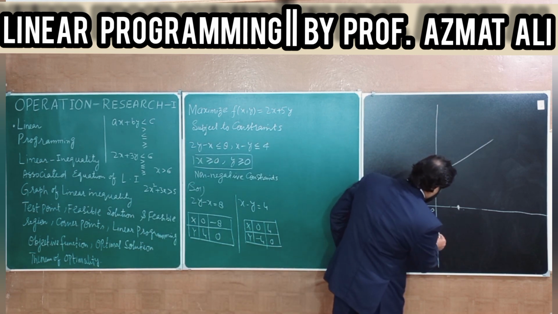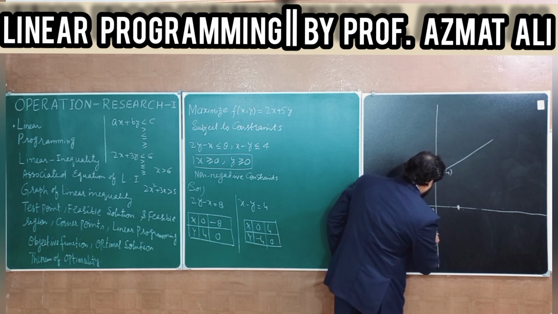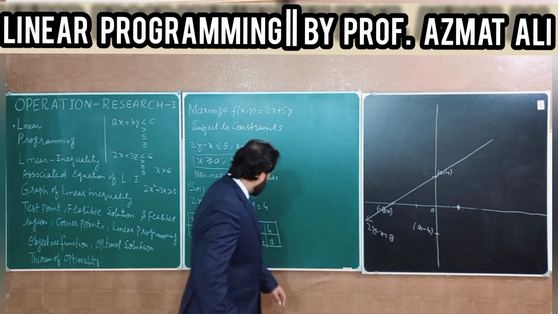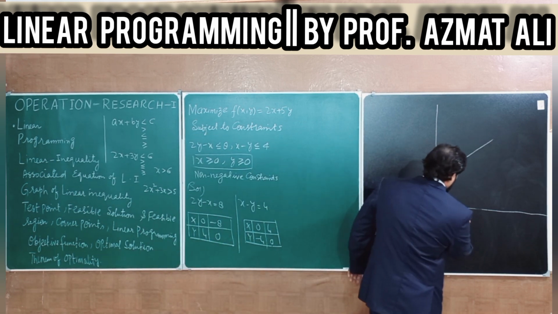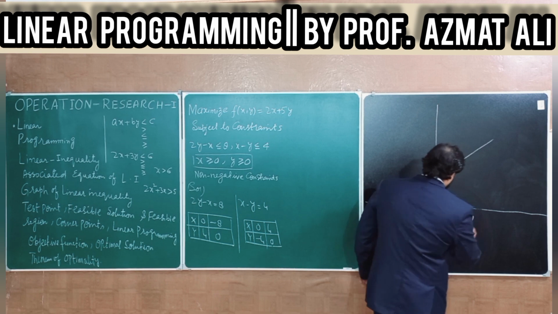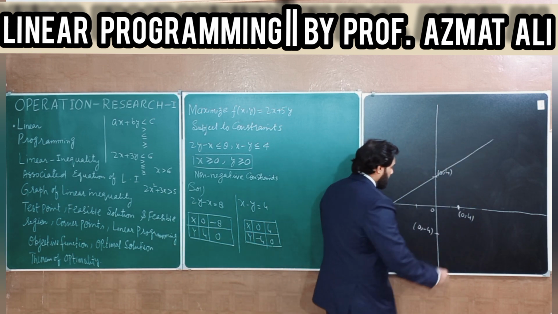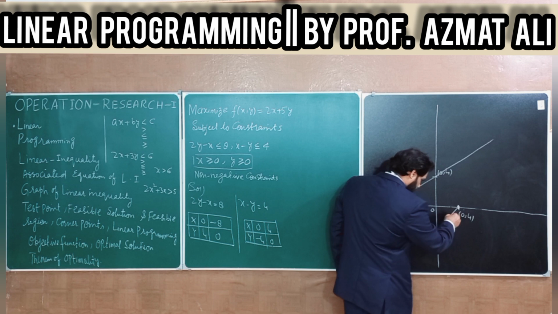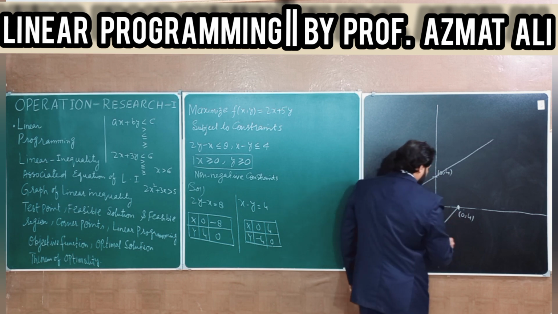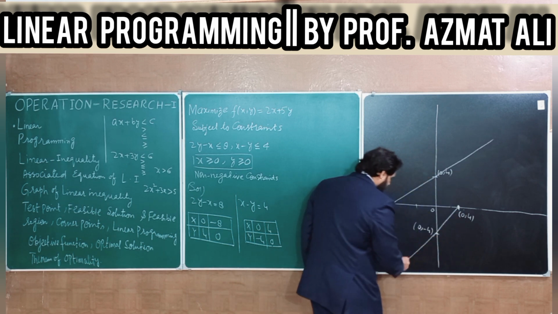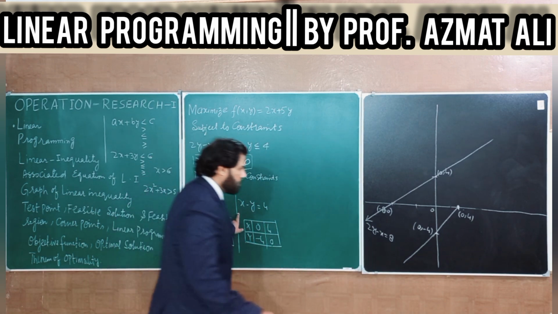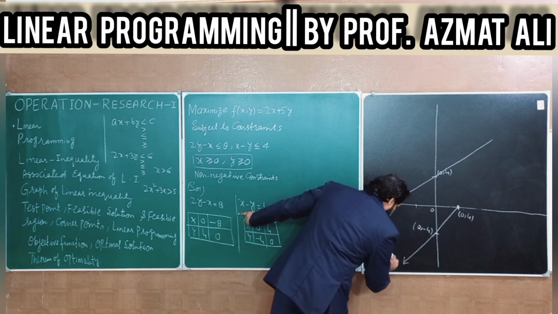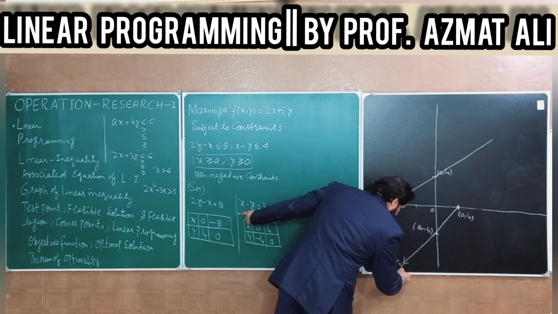This is (0, -4), and the second point is (4, 0). By joining these two points, we get the graph of the equation x - y = 4.